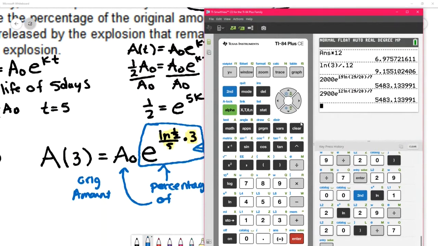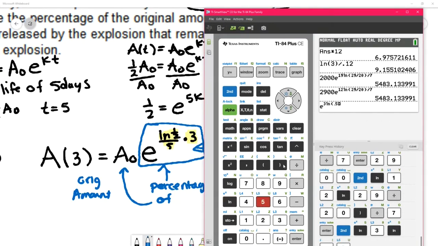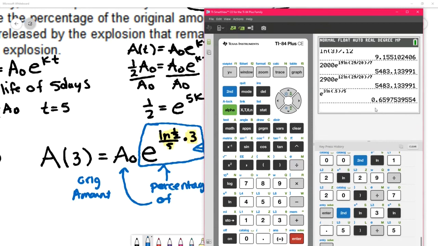And we're going to type e, and I'm going to move that 3 to the front. 3 natural log 0.5 over 5. And we get 0.65975. Let's write that down, 0.65975.